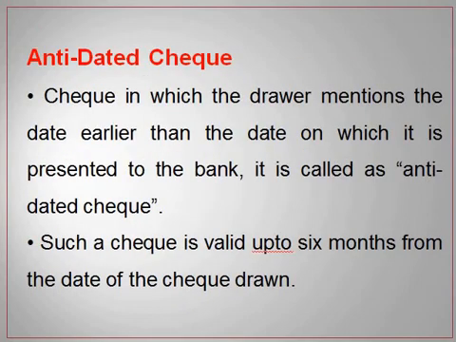Antedated check. So this antedated check is one in which the drawer mentions a date earlier than the date on which it is presented to the bank. It is called an antedated check. Such a check is valid up to 6 months from the date of the check drawn.